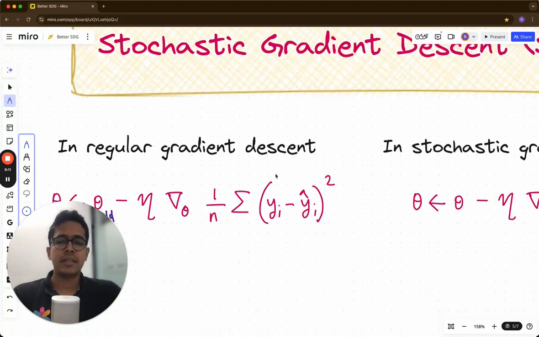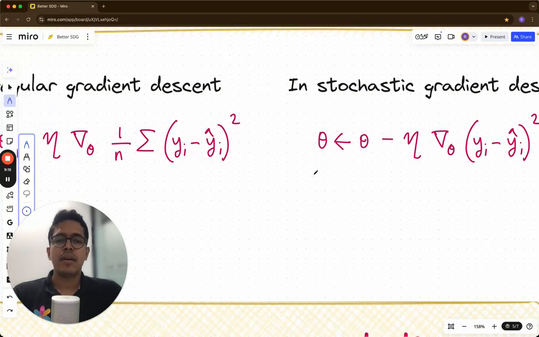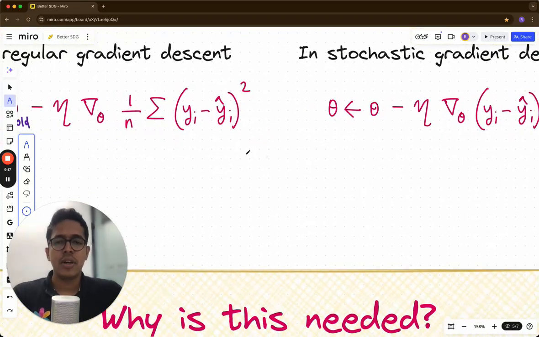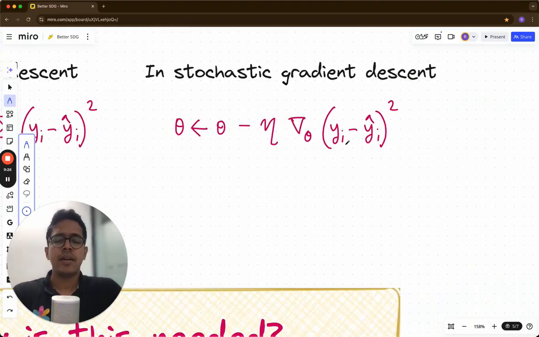In stochastic gradient descent, everything is the same, but when we calculate the value by which you have to modify theta, you will not take a mean over all the different data points to calculate the mean squared error, but rather you will just take the square of the error for one random data point.